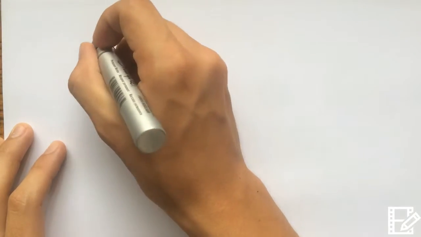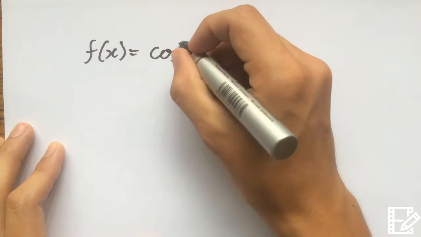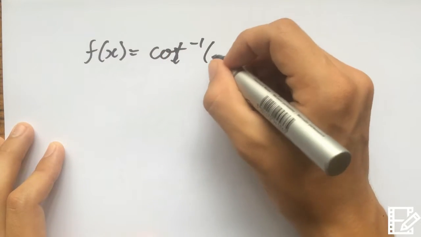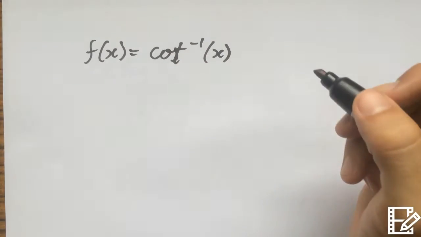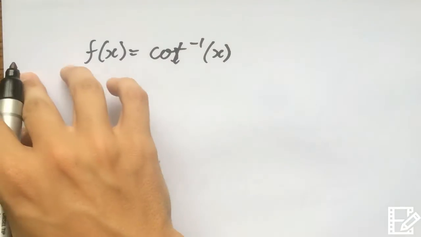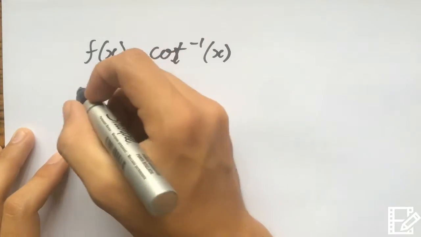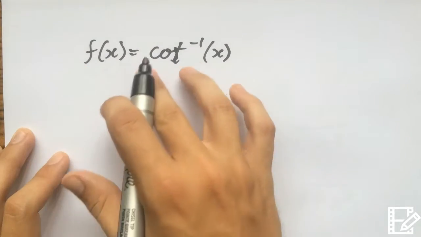Let's say we have our function, cotangent inverse of x. Now, how do we get the cotangent on the other side? Think of it as multiplying a cotangent on either side.